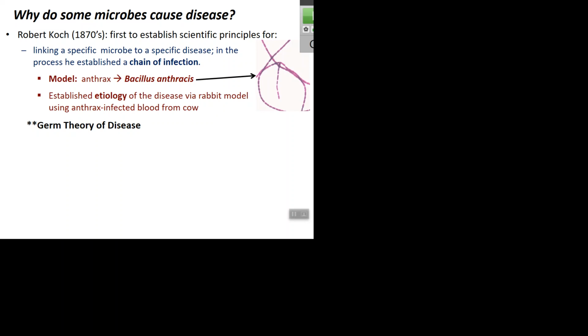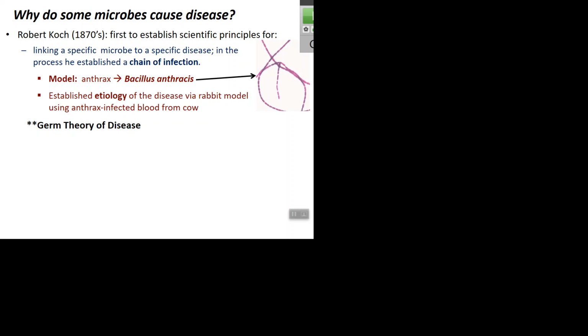There was an outbreak of anthrax, cattle were dying, and septicemia sets in, where the bacteria are flowing through the blood. All he really did was look at diseased cows and healthy cows, take blood samples, and look under the microscope. He goes, I'm only seeing this, that's what Bacillus anthracis looks like, only in the blood of sick cows, not healthy cows. And now it begins to make the link.